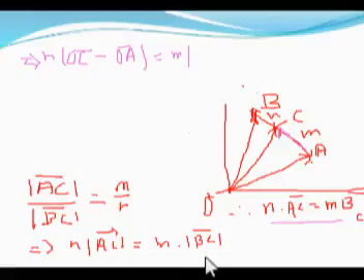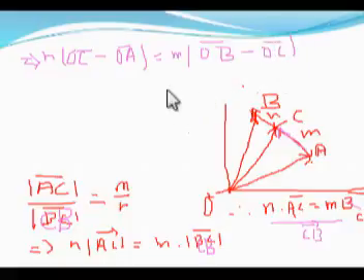This is the rule you have to follow in vectors: your direction should be point-wise. So CB vector, if you represent it through position vectors, will be OB vector minus OC vector.